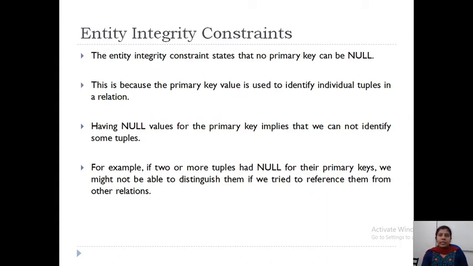Now we'll see the entity integrity constraint. The entity integrity constraint states that no primary key can be null. Why are we saying this? Because using the primary key, I am identifying the individual tuples in the relation, correct? If it has a null value, more than one tuple can also have a null value, so I cannot use that attribute to identify the uniqueness of tuples.